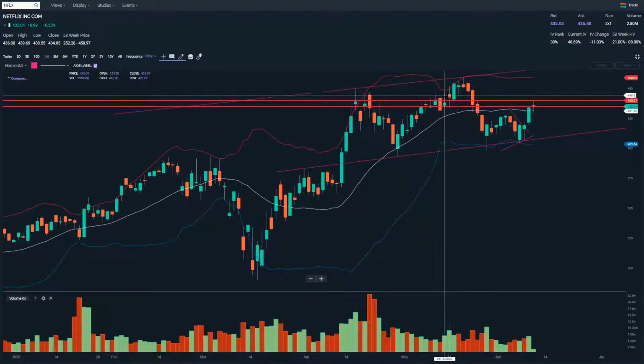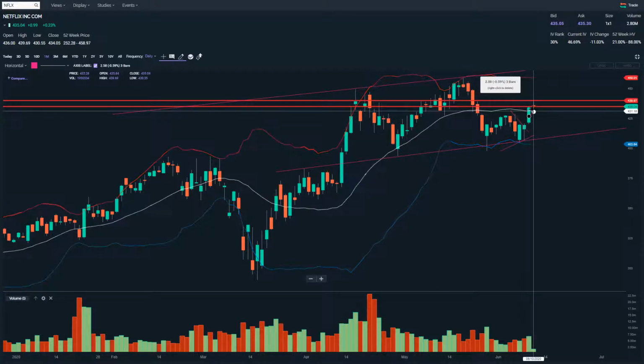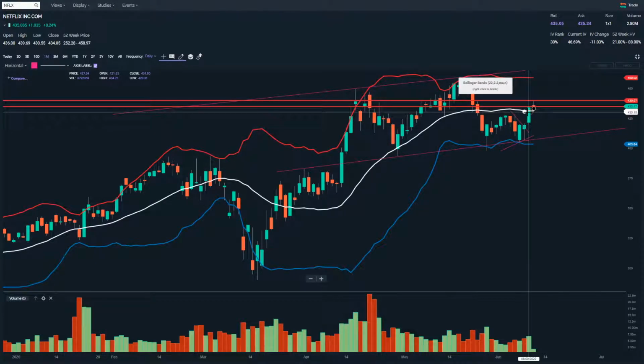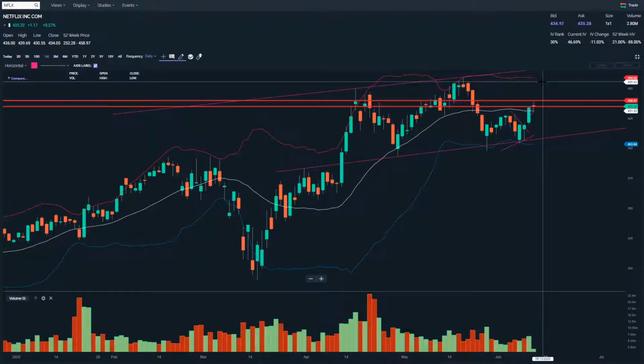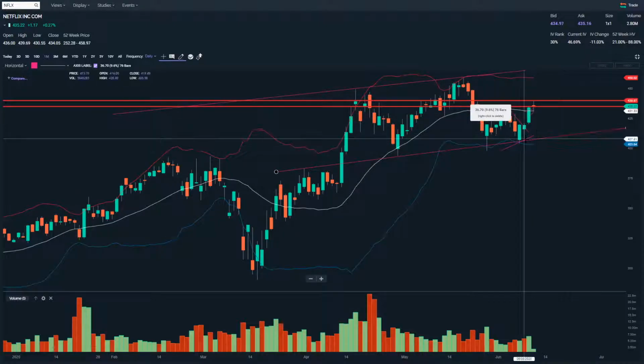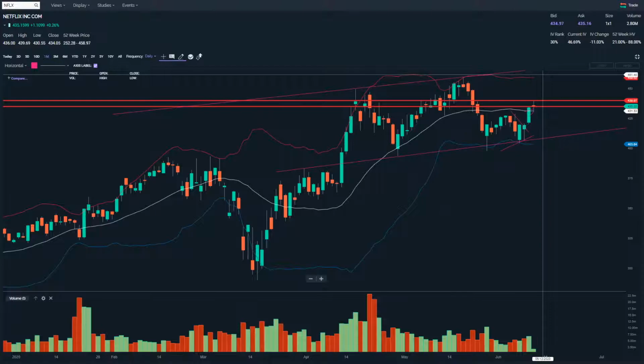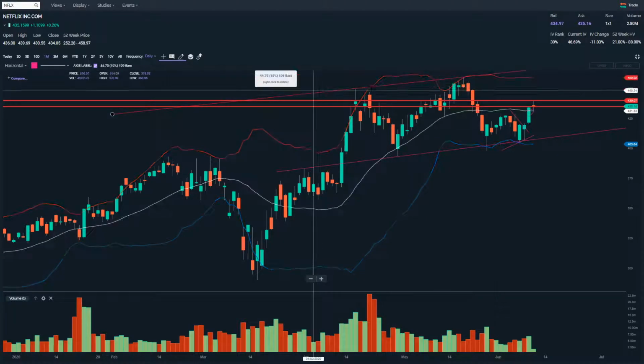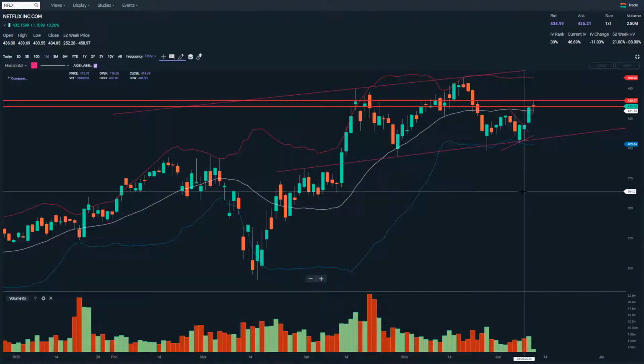So I paid $250 here and I sold it for $250 there, which kind of sucks, but I decided I'd rather just get out for break even than take the heat here and be losing money, because this upward price action here is so strong. I expect this to come up and test this top trend line here. So I did the right thing in getting out of the trade.